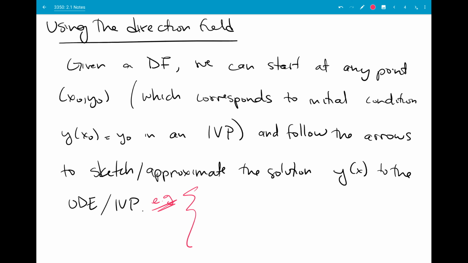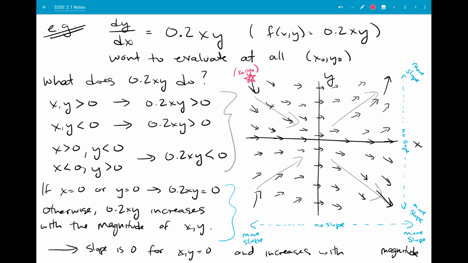We're going to go back to the other page and use this initial value problem for dy dx equal to 0.2xy. And we're going to use initial condition y of -10 is equal to -10. And I'm going to stop pointing out x0, y0 later. I just think that it's good to be clear about the notation these first couple times we use it.